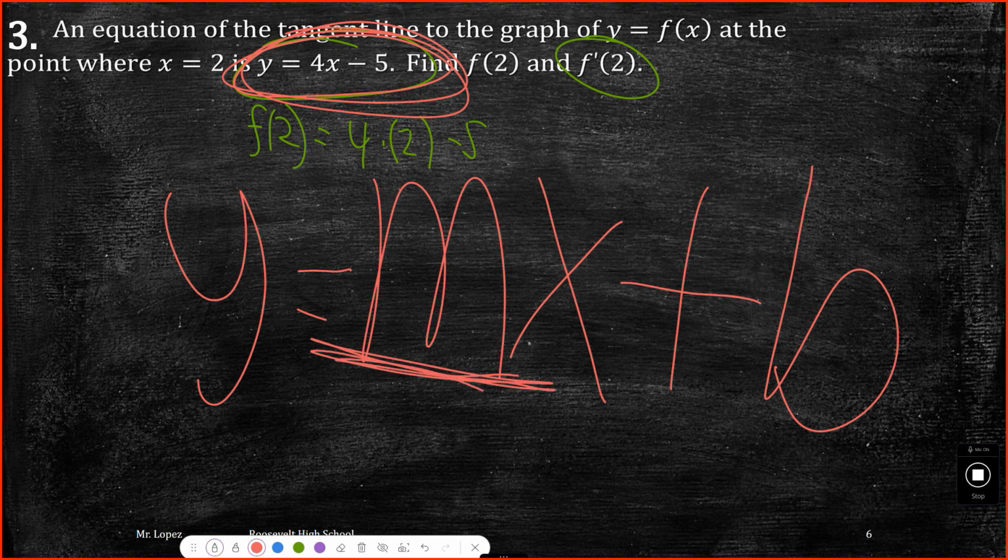Slope. So the slope of the line is the rate of change of the curve at 2. So we just get the rate of change of the curve to be 4.